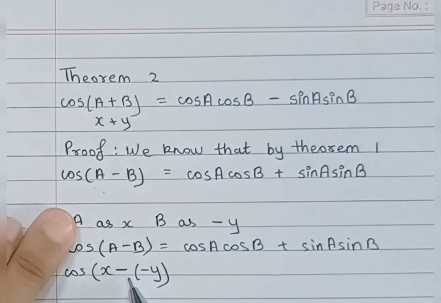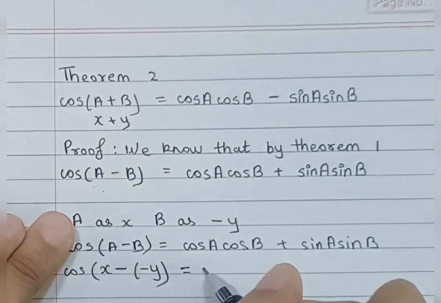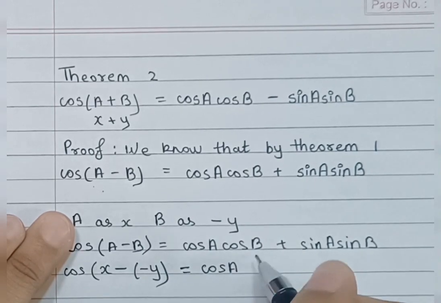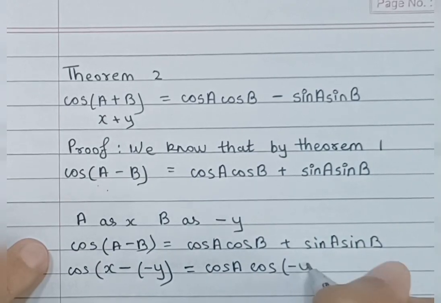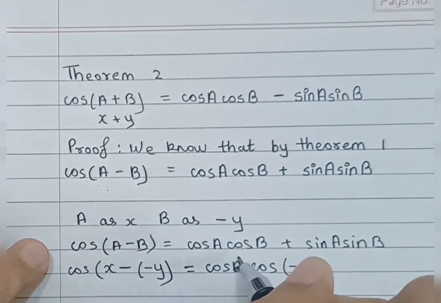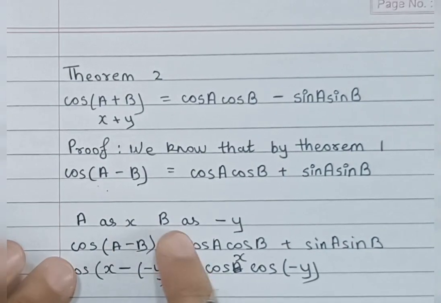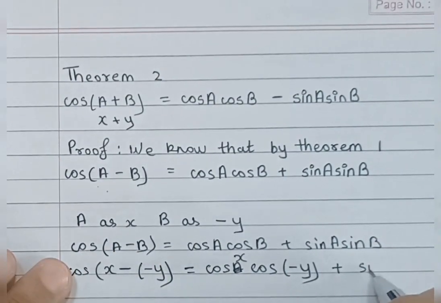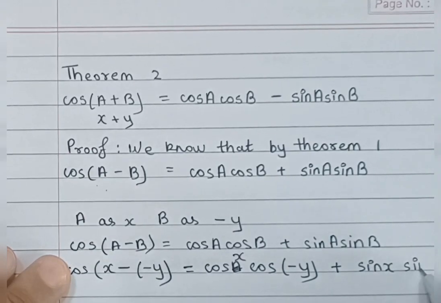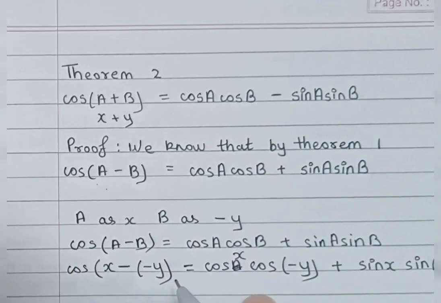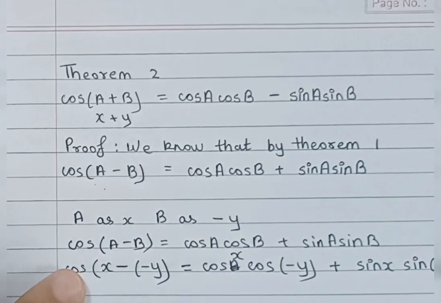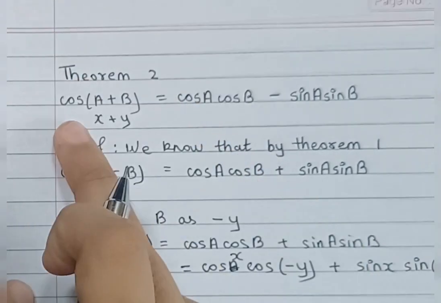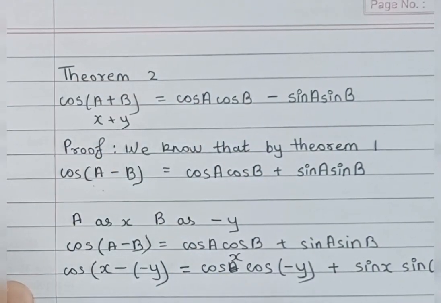Here B is minus y, so on the right side it would be cos x, because we have taken A as x, and cos of minus y, and then sin of x and sin of minus y.